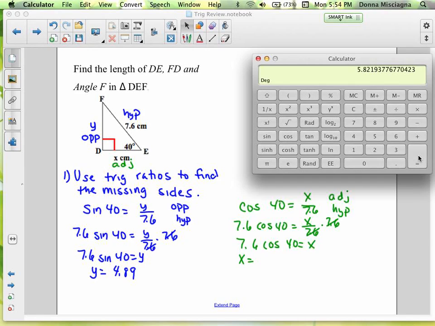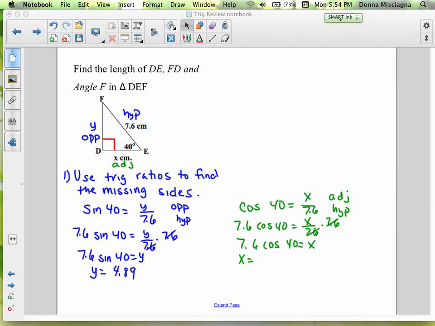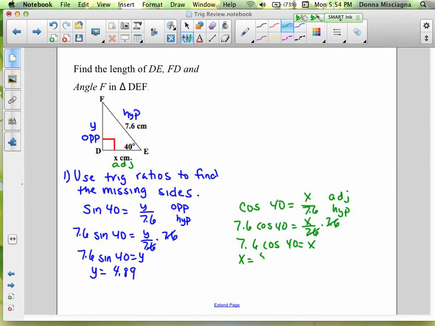And that is 5.82. And there we go. We have found the two sides using trig ratios. Now let's find our missing angle. If we know two angles of a triangle, the easiest thing to do is find the missing angle using triangle sum theorem.